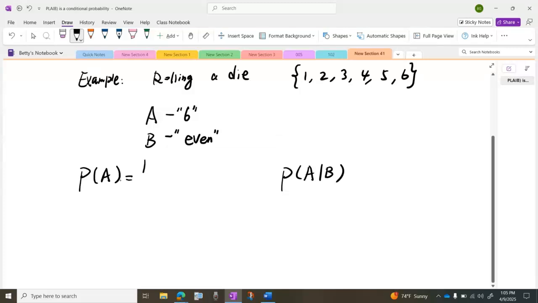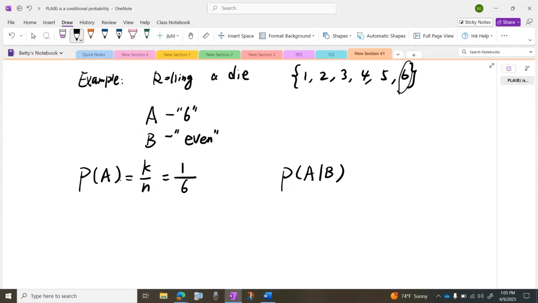So the probability is a fraction with the denominator equal to 6, the total number of outcomes in the sample space, with the numerator 1, because among the 6 outcomes in the sample space, only this outcome favors the event occurring. So 1 over 6. So we know this, right? Getting a number 6, the probability is 1 over 6.